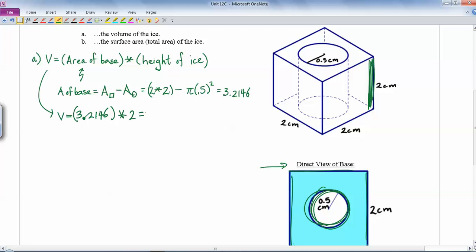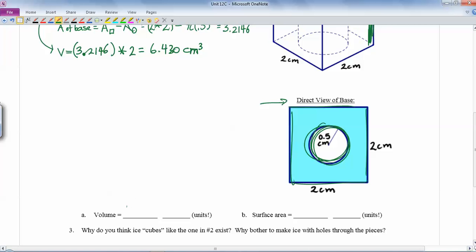And that comes out to be 6.430 if you round to 3 decimal places. And so since it's volume and we're working in centimeters, this is going to be centimeters cubed. So I think there's a spot down here for volume. 6.430 cubic centimeters. Okay, so that's the volume.